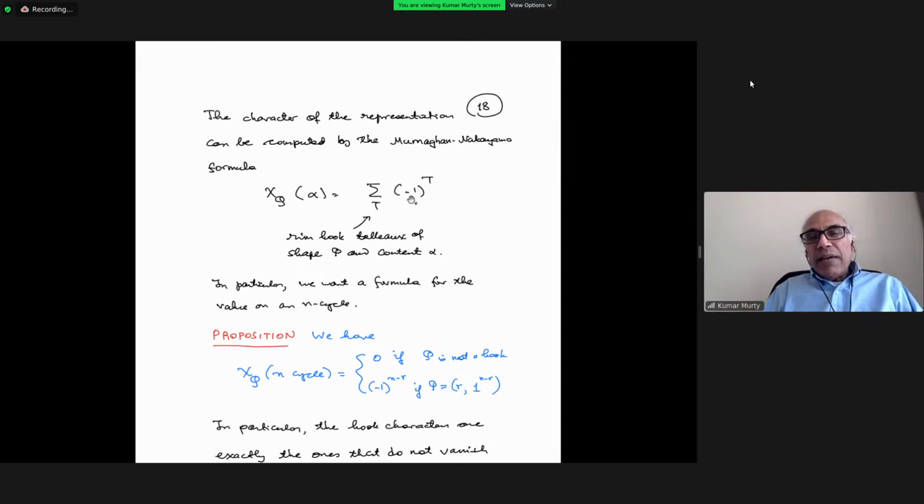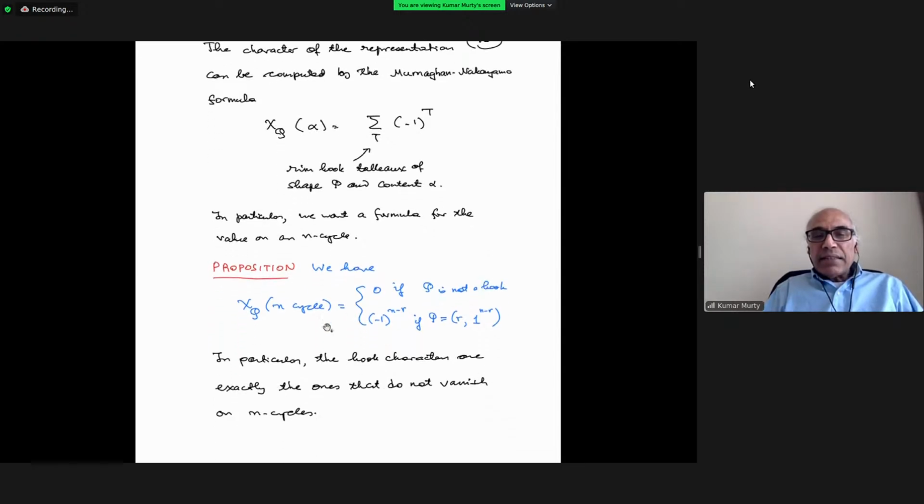And what you have is a sum of plus or minus 1s going over certain tableau. But for us, if we're looking at n cycles, the Murnaghan-Nakayama formula simplifies to be the following. Namely, if you don't have a hook partition, remember, the partition corresponds to a representation.